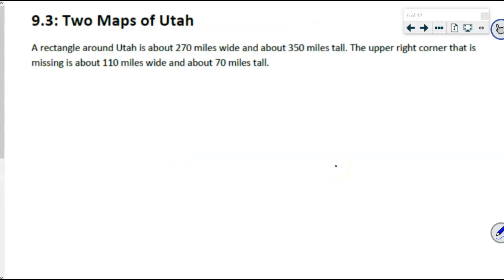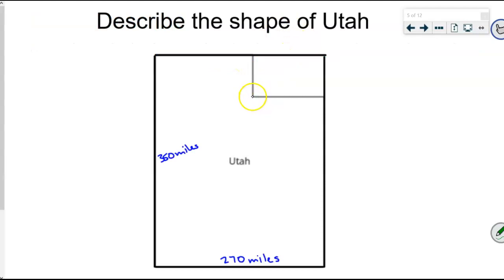Let's keep reading. The upper right corner that is missing is about 110 miles wide and about 70 miles tall. So I'm also going to label that, but I'm going to need your help. 110 miles wide, is that right? Okay, so 110 miles wide and 70 miles tall.